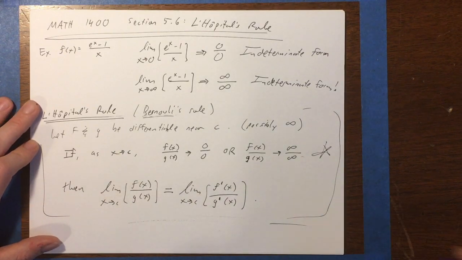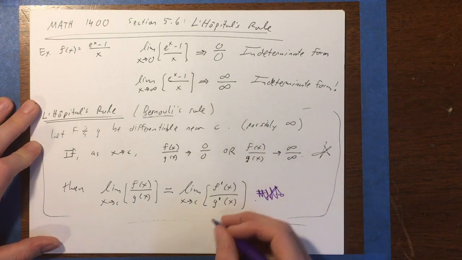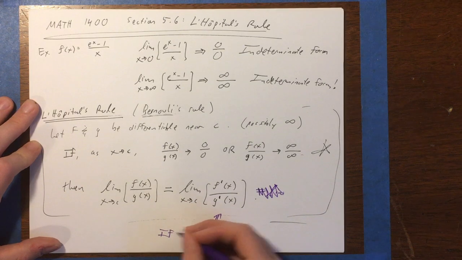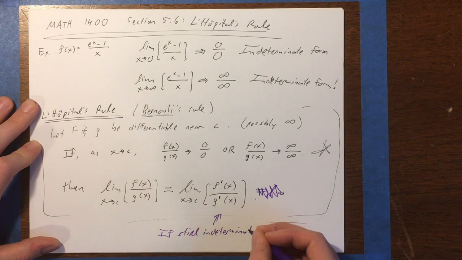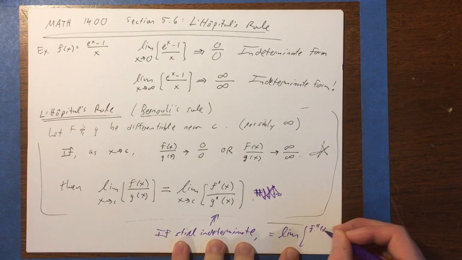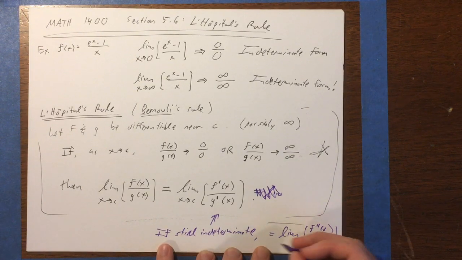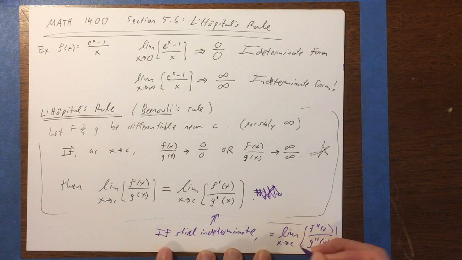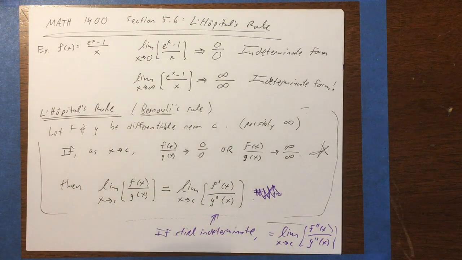And by the way, this can be chained together, and if this is still indeterminate, then it's going to be equal to the limit of the second derivatives. But only if it's still in a 0 over 0 or infinity over infinity situation. So it's possible that you may have to do L'Hopital's rule multiple times before you get to something that you can work with. So let's look at some examples in the next video.